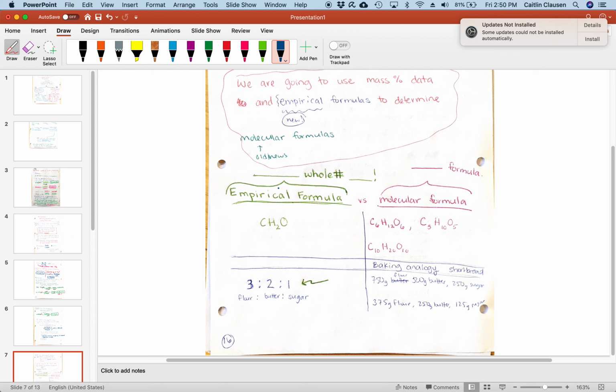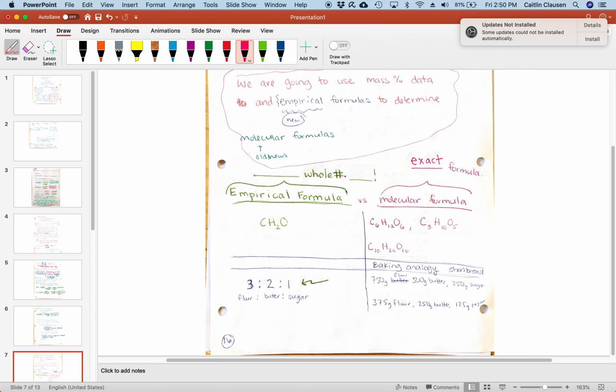So, empirical formulas versus molecular formulas. Molecular formulas you've seen a lot of. It's the actual formulas you've been working with. Molecular formulas are exact. They tell you exactly how much of each element is present in the molecule.